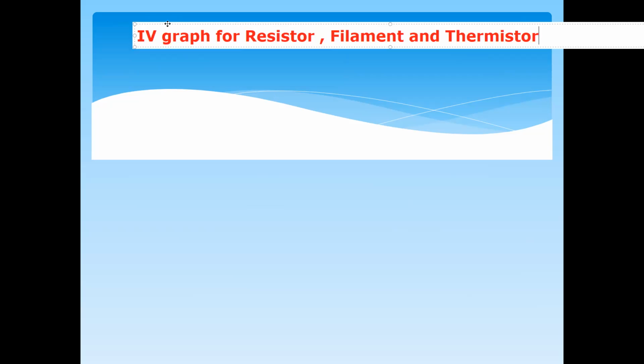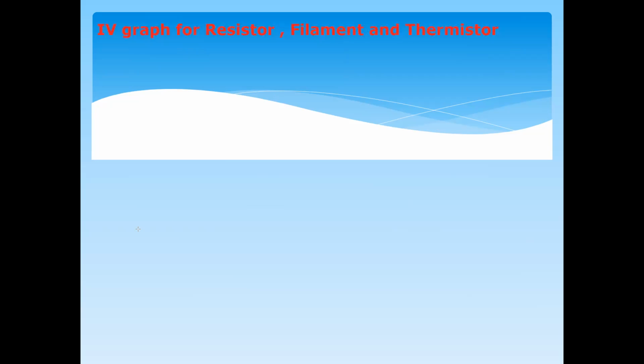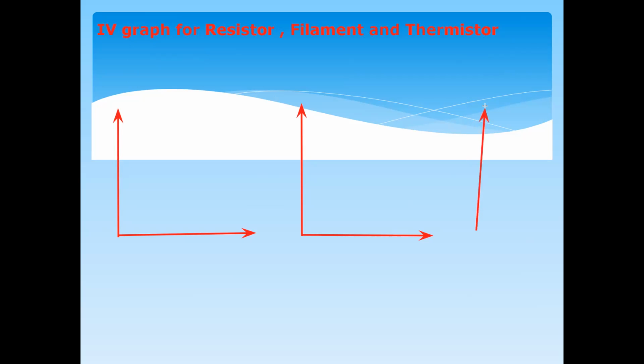So when we sketch the IV graph for a resistor, for a filament, and for a thermistor, I is the current, V is the voltage. The filament is made up of metal tungsten, whereas the thermistor is made up of semiconductor.